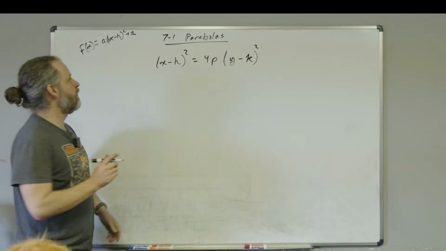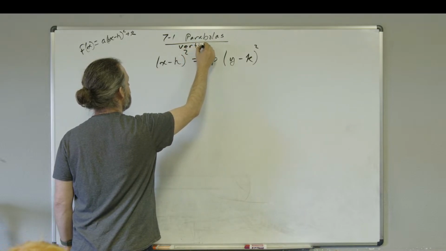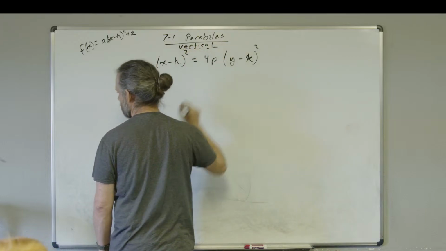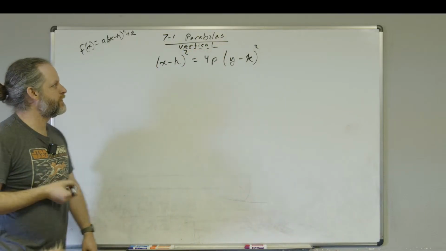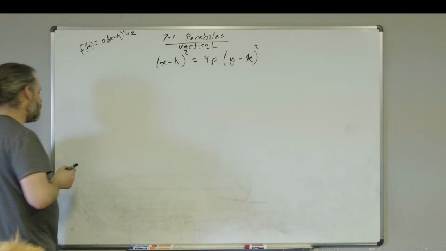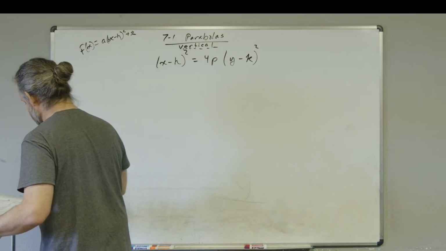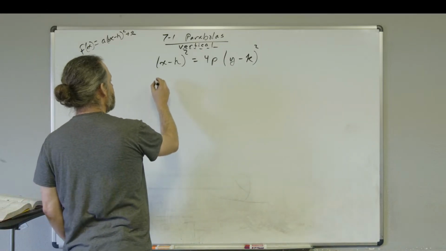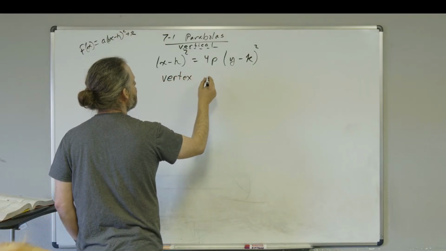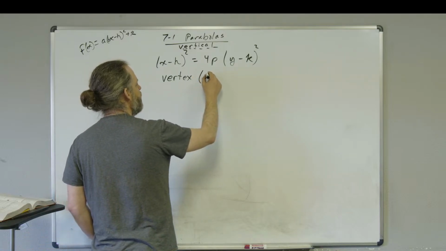This is for a vertical parabola. So our good old standbys, the ones we've seen before. It has a few special characteristics. It opens vertically, which I just said. It has a vertex at (h, k).